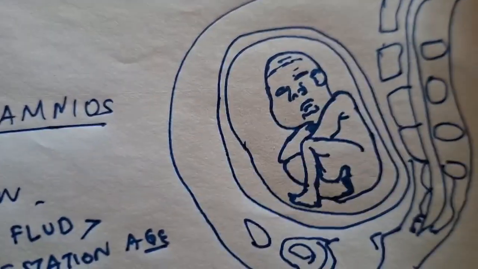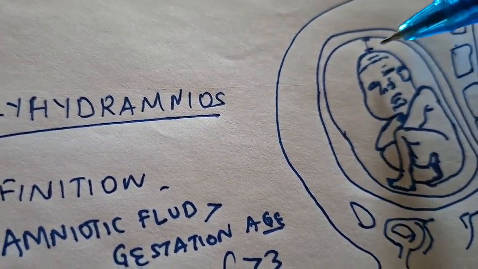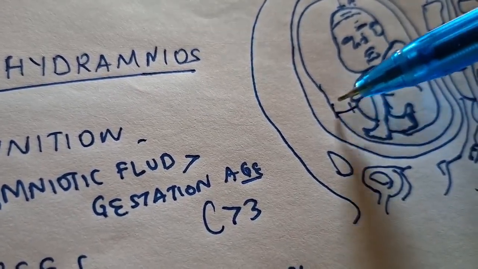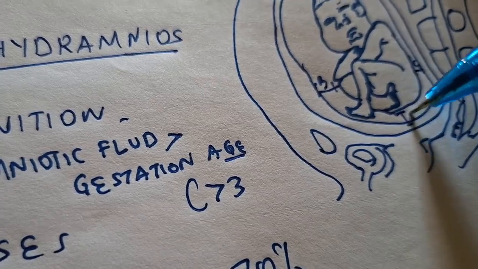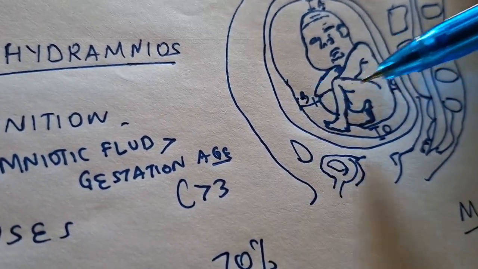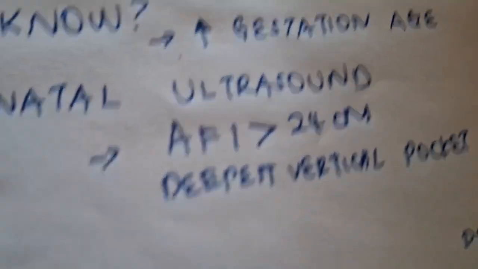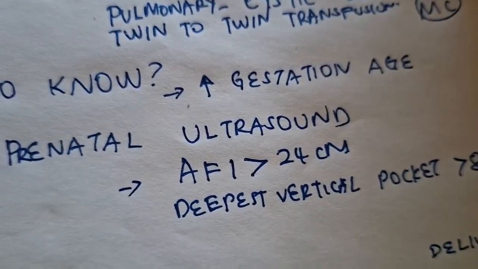I'll demonstrate using my image here on the top left. For example, let's name this side A, this other side B, this other side C, and this other side D. When we add A, B, C, and D, and the number comes to greater than 24 centimeters, then we are likely dealing with polyhydramnios.